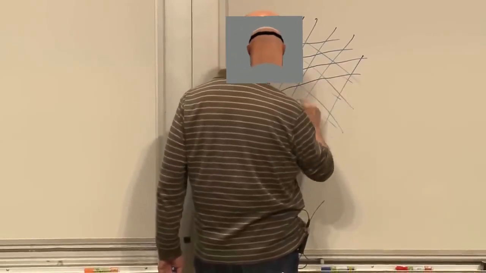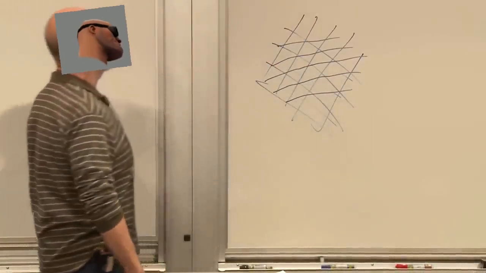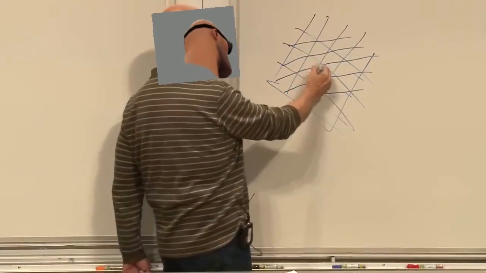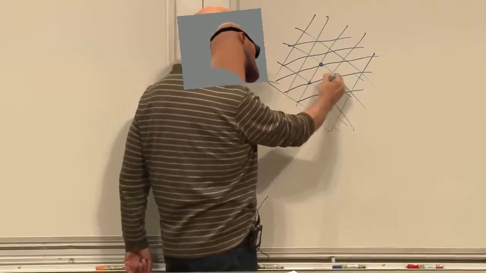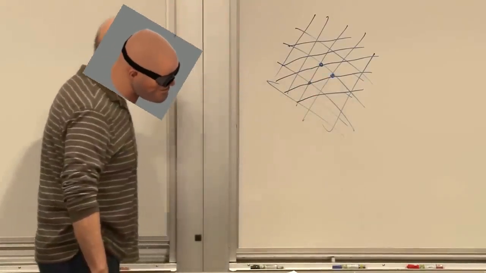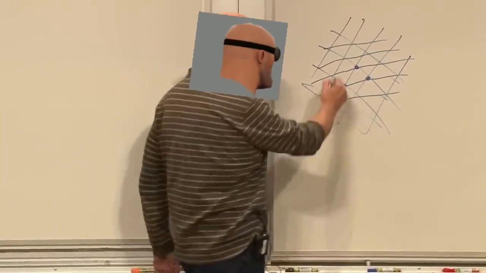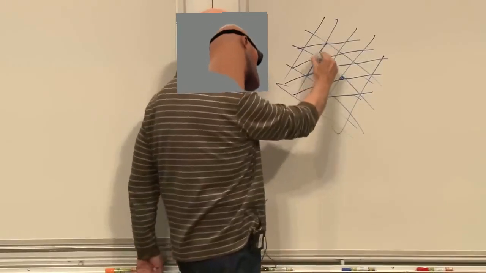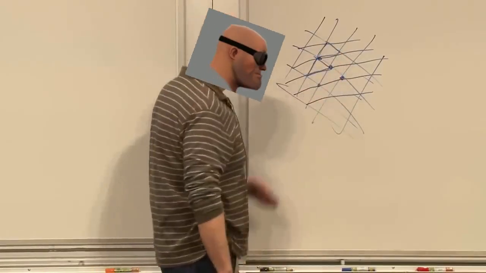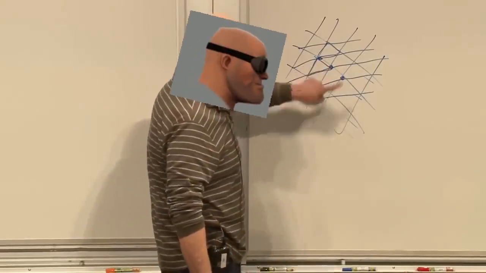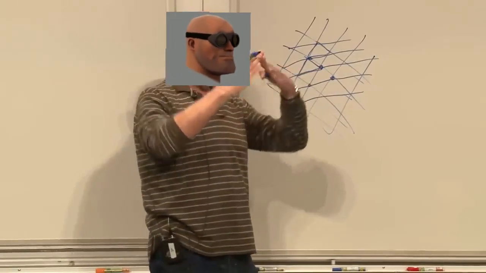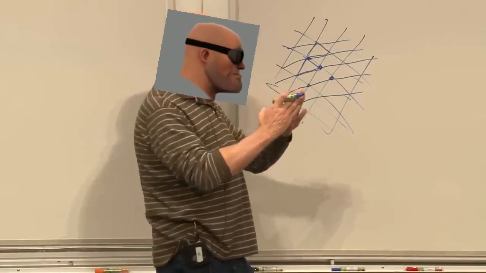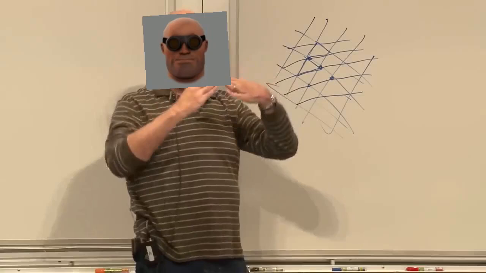A triangular lattice. That's a triangular lattice. It's built up out of triangles. And if every triangle is an equilateral triangle, these are all equal, these are all equal, then imagine that at the nodes here, they're like hinges.